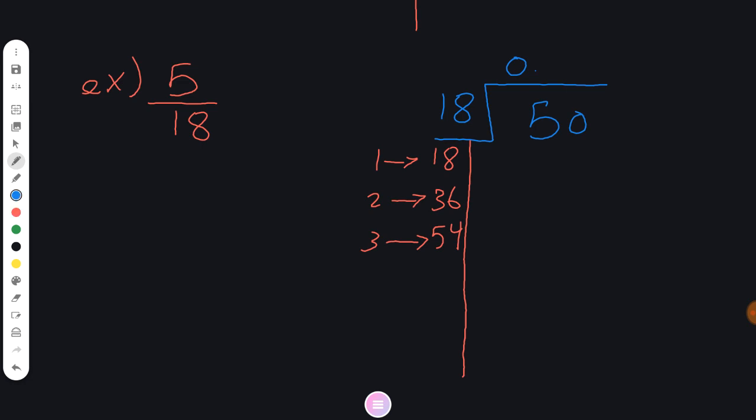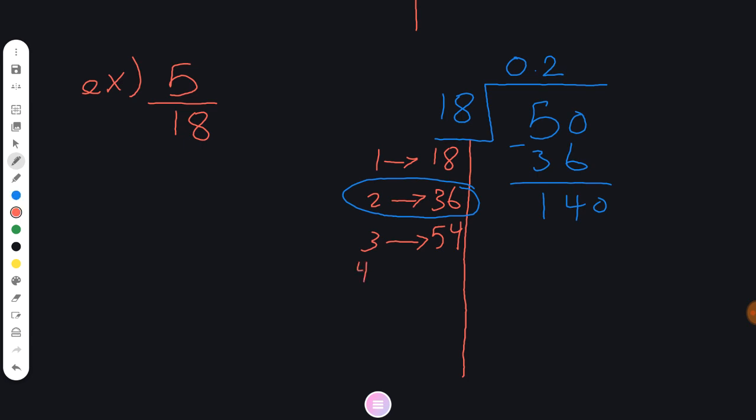Okay, what should we choose? We choose 2. So 2 times 18 is 36. Make the subtraction. So 50 minus 36 is 14. Then put 0, free 0 from the point. 140. We must continue the times table until we reach 140 or exceed that.